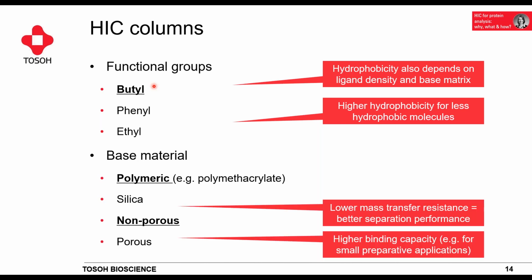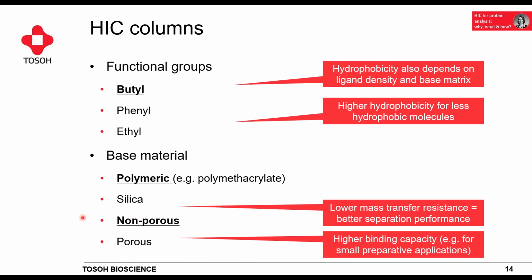Just like for other columns, you will find different base materials, so like the particle that we find in our HPLC column, basically. We have polymeric base materials, for instance polymethacrylate, and silica-based ones, non-porous and porous. The most popular ones are, again, the polymeric columns, because they are stable and can be used at higher pH, for instance, which is not the case for silica-based ones.